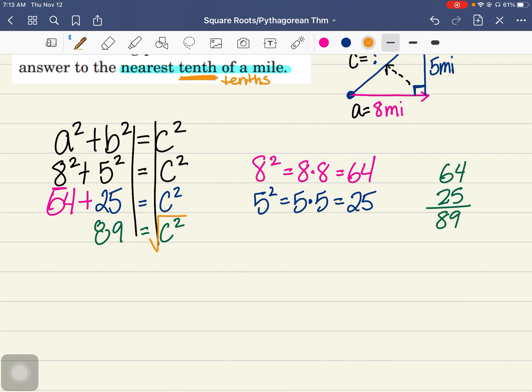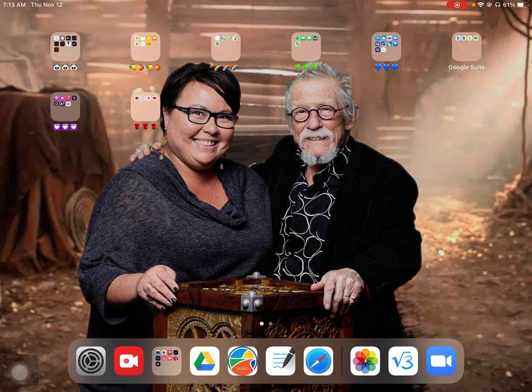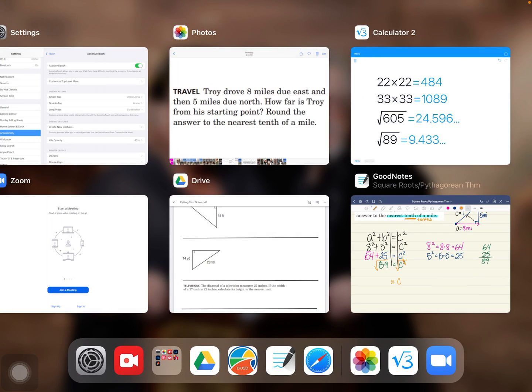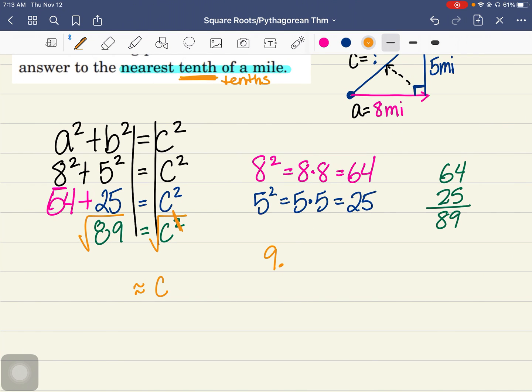And the last thing we're going to do is square root both sides. So I get c is about equal to, I'm going to go to my calculator. The square root of 89 is 9.43. And they want the nearest tenth of a mile. So we're going to go to the tenths place, which is here at the 4.